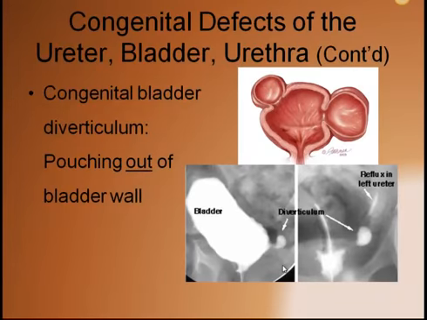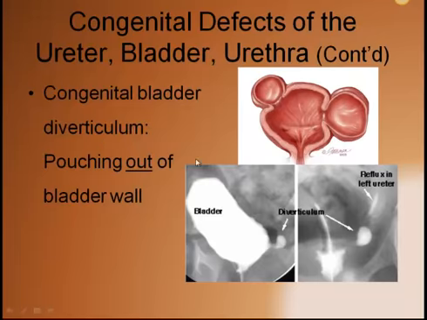Another thing that can happen would be kind of what I always called, you probably can tell why, mouse ears, and these are going to be bladder diverticulum. So in a sense, this is the opposite of a ureterocele. A ureterocele was the ureter bulging into the bladder. This is parts of the bladder actually bulging outward, and that really makes sense.